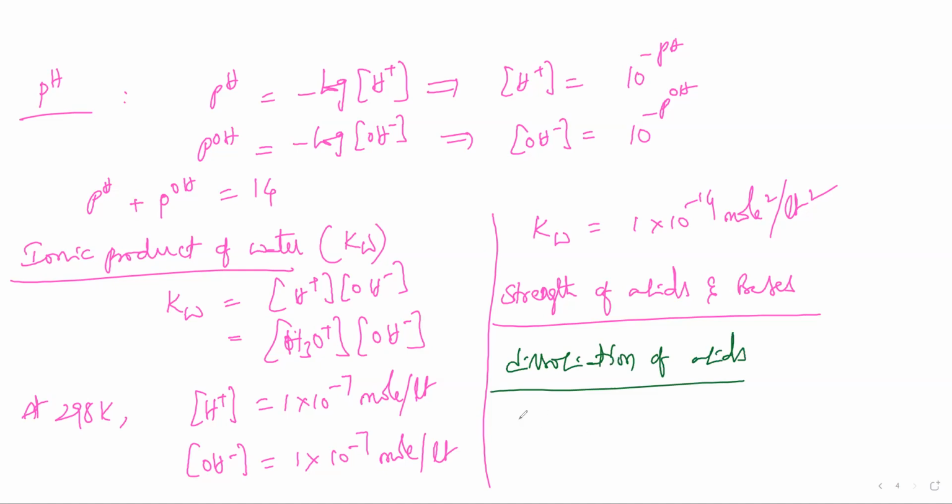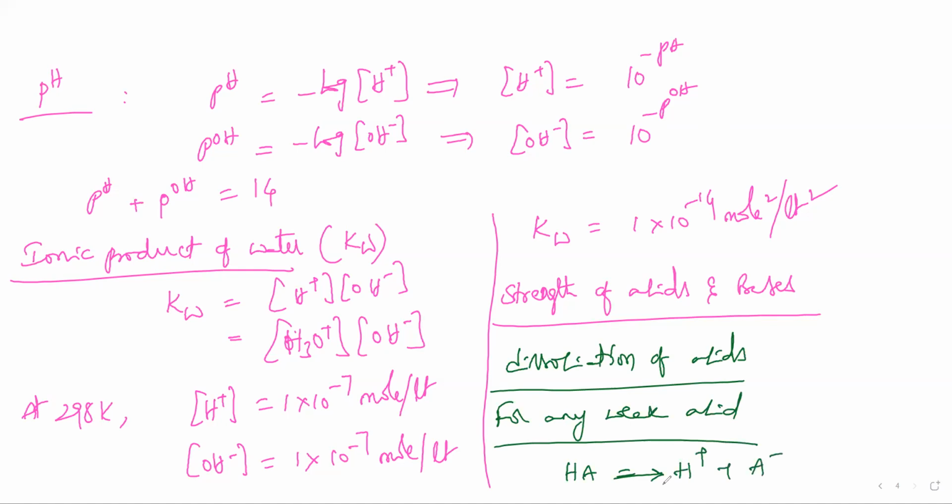Let us consider any weak acid. For any weak acid, HA gives H plus and A minus. This is a reversible reaction. So once again, I'll take that reaction. HA is dissociated into H plus and A minus.